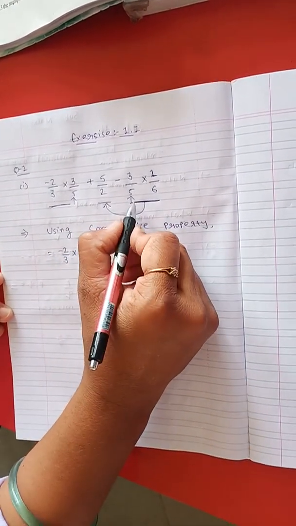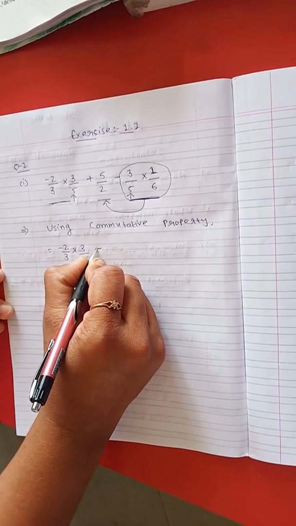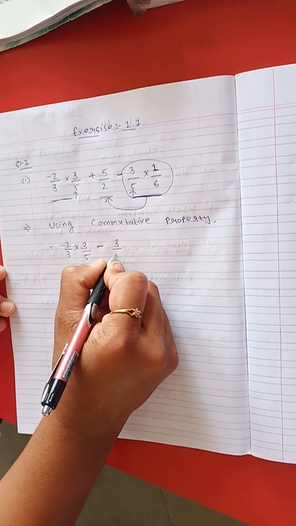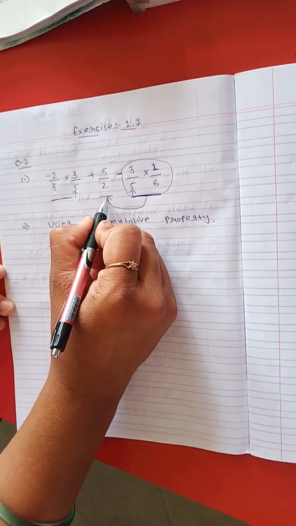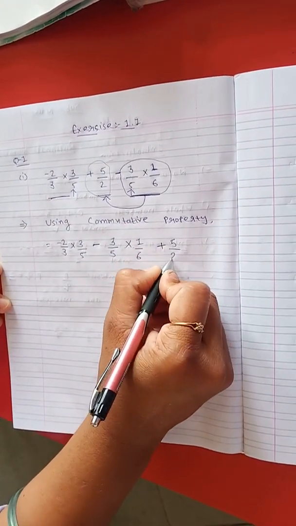But now this third term we have to move completely, so the minus sign also goes with it: minus 3 upon 5 multiplied by 1 upon 6, and the second term now comes last, so plus 5 upon 2.